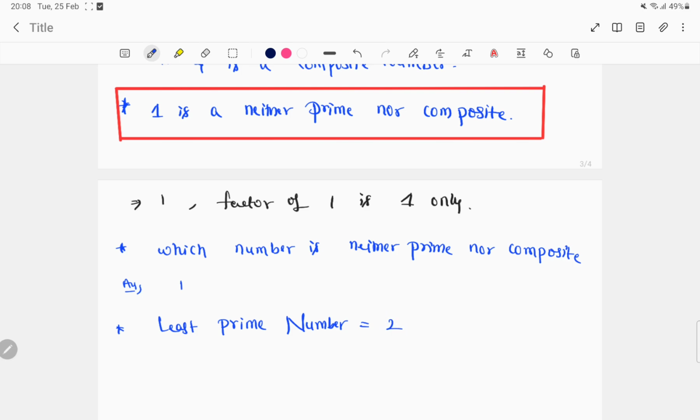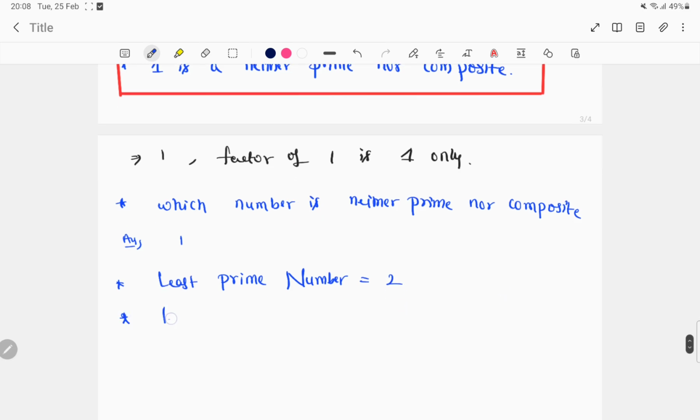Next, the least prime number is equal to 2. Next, the least even prime number is also 2 only. Prime numbers start from 2. Also it is even, so that's why least even.